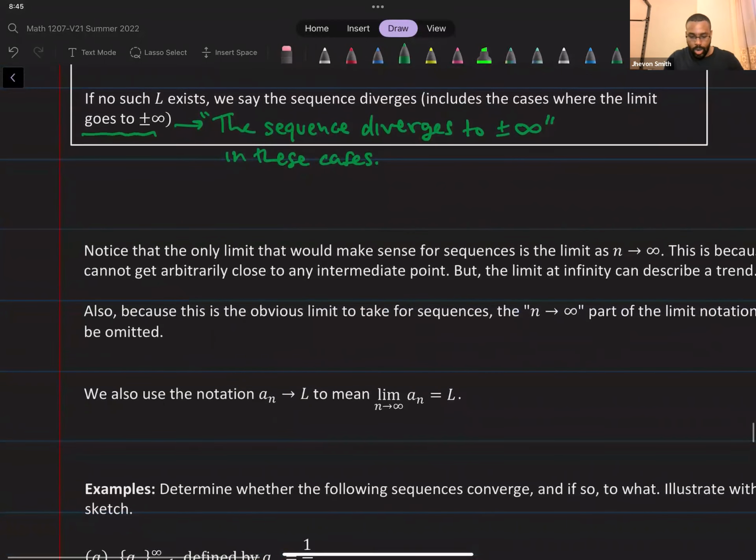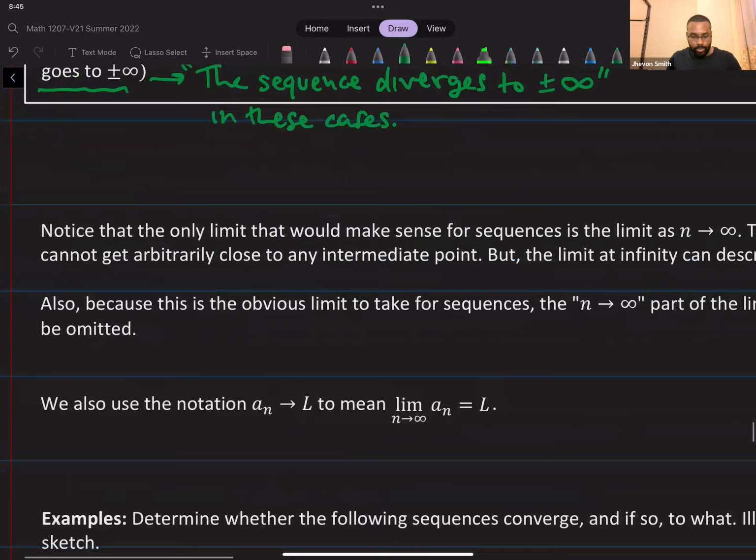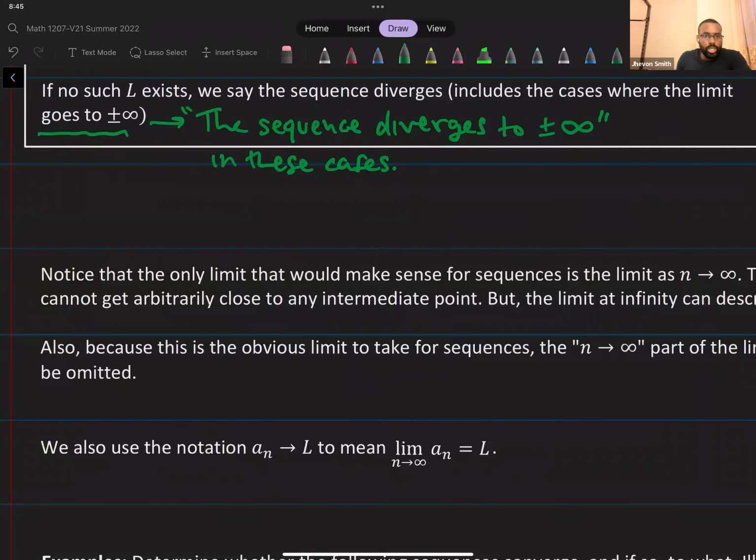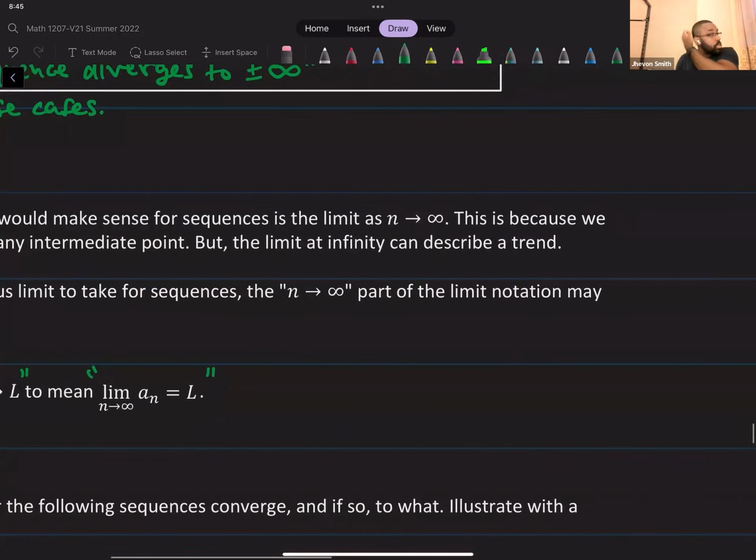Another way you can say this is to use the notation a_n arrow L, which says your sequence converges to L. Or to say the limit as n goes to infinity equals L, you can say your sequence converges to L. Sometimes, because it is understood that it's always the limit as you're going to infinity, myself and others will be sloppy and not even write anything under the limit.